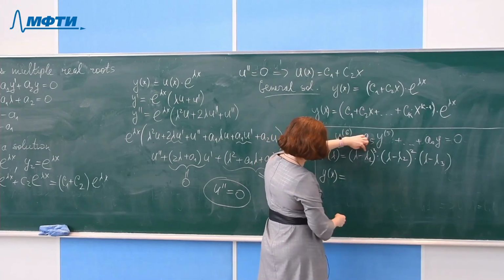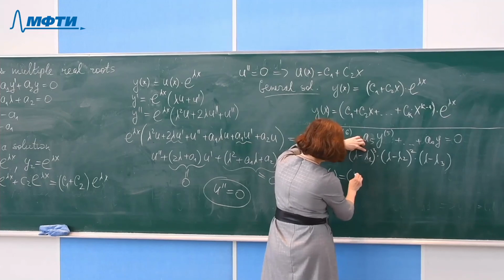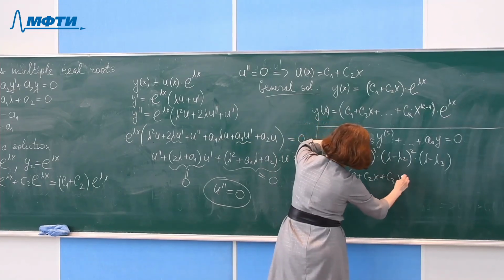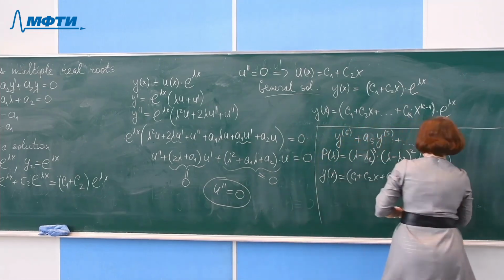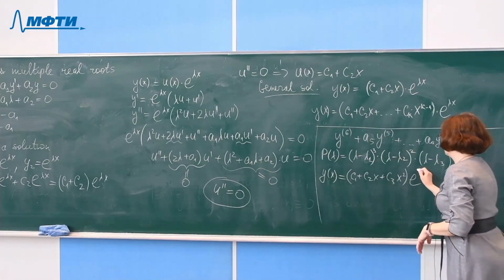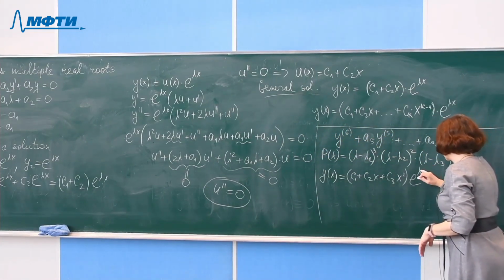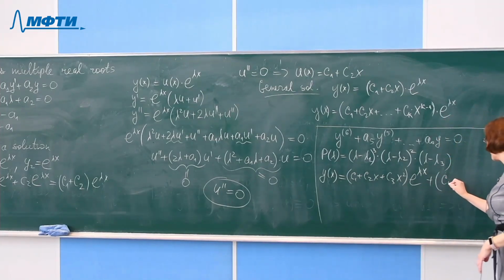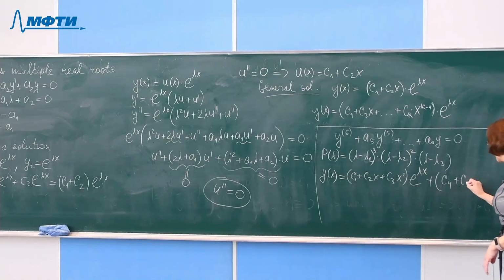So for the multiplicity 3, it will be c1 plus c2 x plus c3 x squared times e to the power lambda 1 x, plus c4 plus c5 x times e to the power lambda 2 x, and plus c6 times e to the power lambda 3 x.